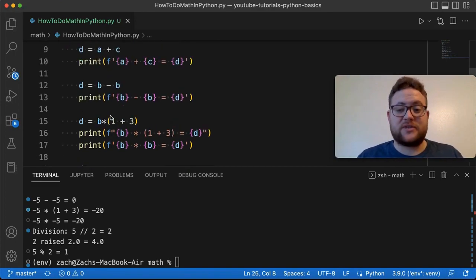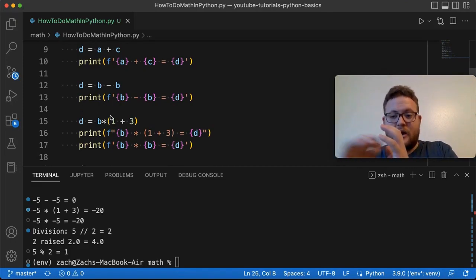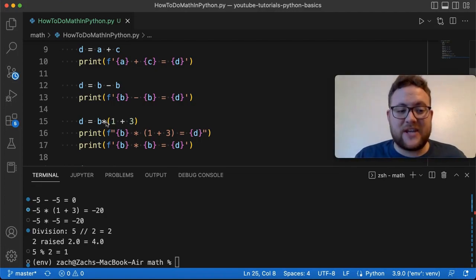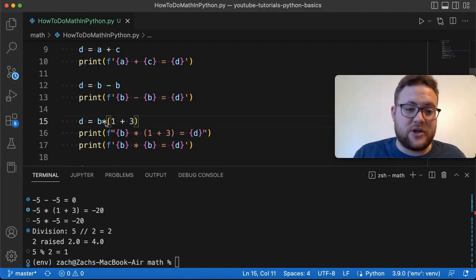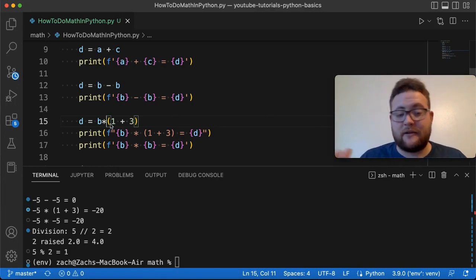When you want to do, say, a value times the operation inside of parentheses, you actually have to designate the operator, because otherwise Python thinks syntactically that you're trying to index into that value, or that there's a function called, like if you're using a variable b rather than a number.